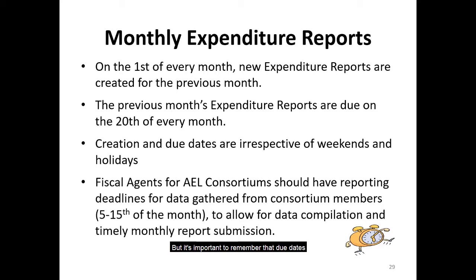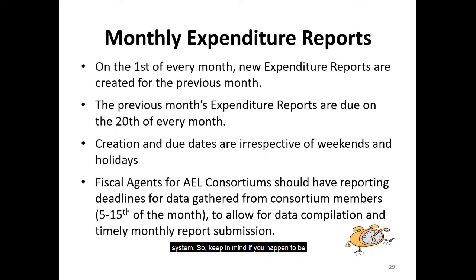And it's important to remember that due dates of these reports are irrespective of weekends and holidays. So if the 20th falls on a Saturday or any other holiday or otherwise, the system is a hard-coded date-based system.